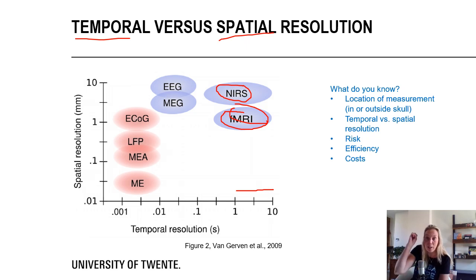So imagine I present a tone, beep. I look at the brain and I have to wait 10 seconds before I can record your response to it. So the fMRI has a low temporal resolution.